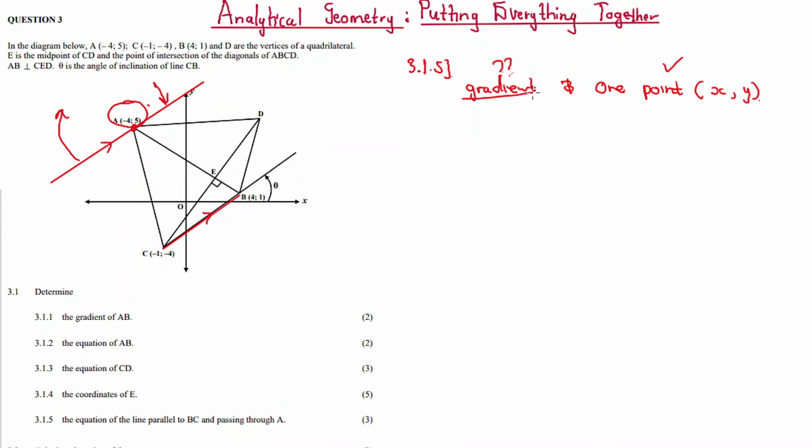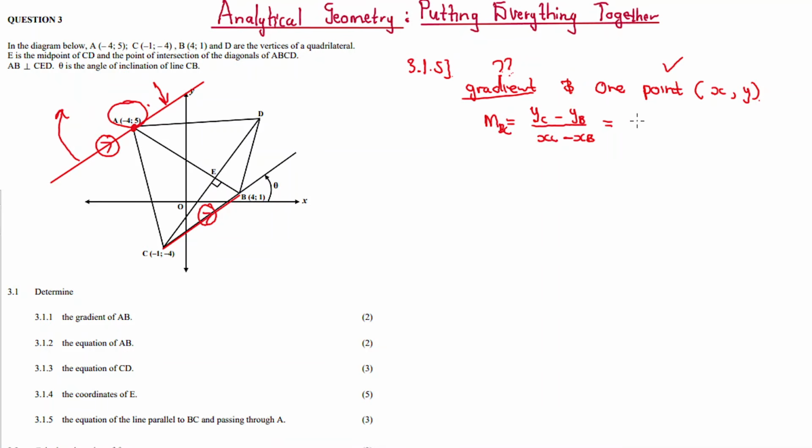However, the gradient can be calculated through the property of parallel lines. So parallel lines have equal gradients, right? So the gradient here is going to be the same as the gradient of line BC. So we have to calculate this gradient first. So gradient BC is YC minus YB over XC minus XB.